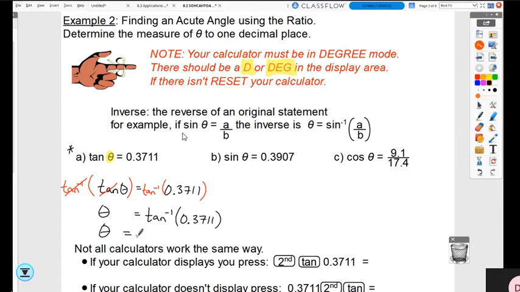Does everyone have that button? So tan inverse, then it might show a bracket for you, and you just type in 0.3711, close the bracket, you press equals, and what do you get? 20.35, 20.36, 20.4 even.